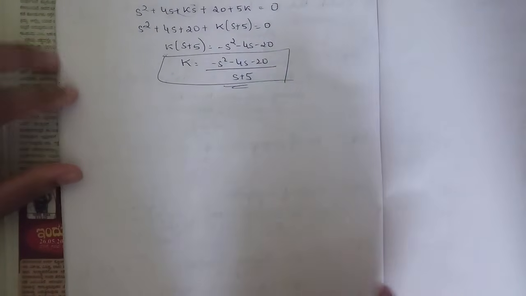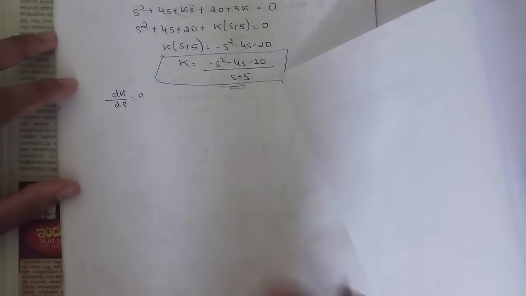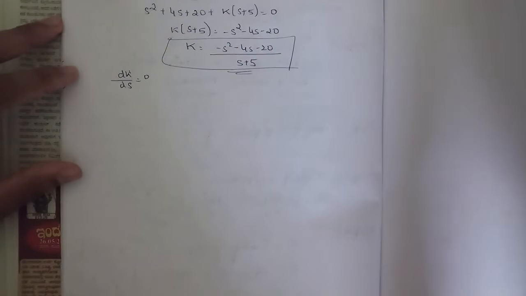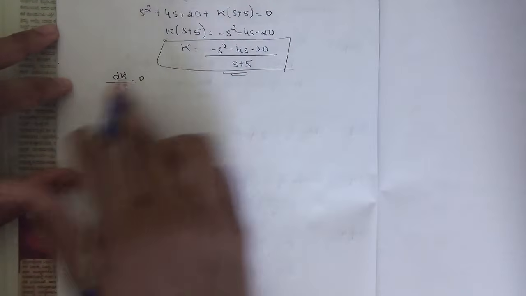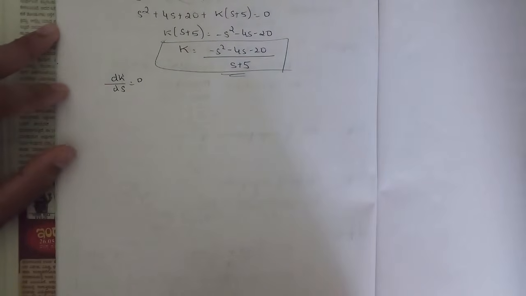The next step to determine the breakaway point is dk by ds is equal to 0. Now here comes some calculation. We need to take the derivative of this term. It is of the form u by v, so we need to use the u by v rule.